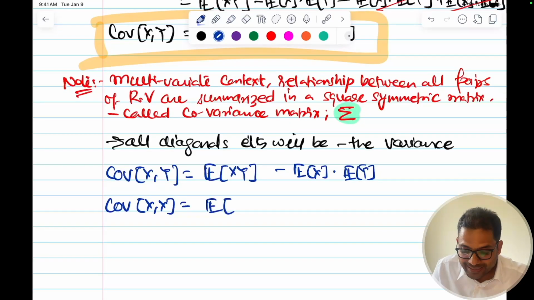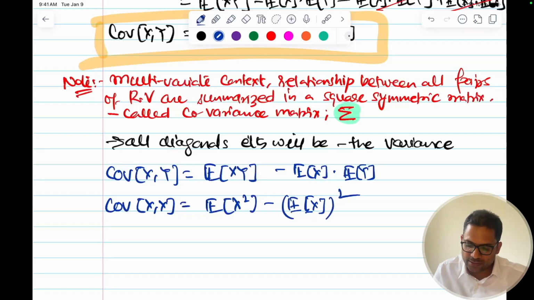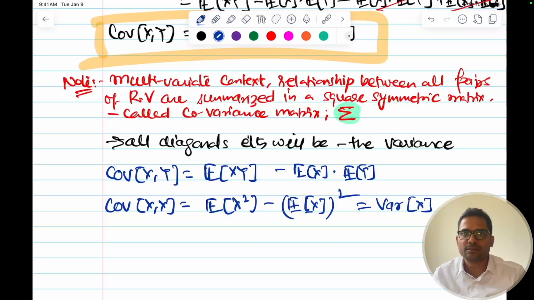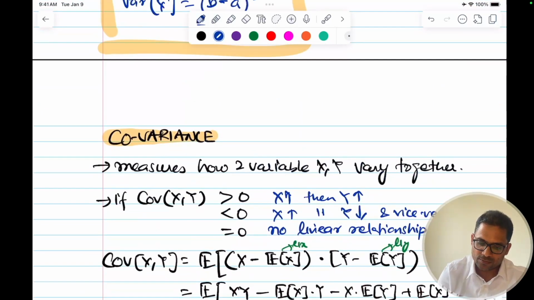It is expectation of x squared, minus expectation of x whole squared. What is this? This is equal to variance of x. I hope this is clear. So that's covariance with respect to expectation.